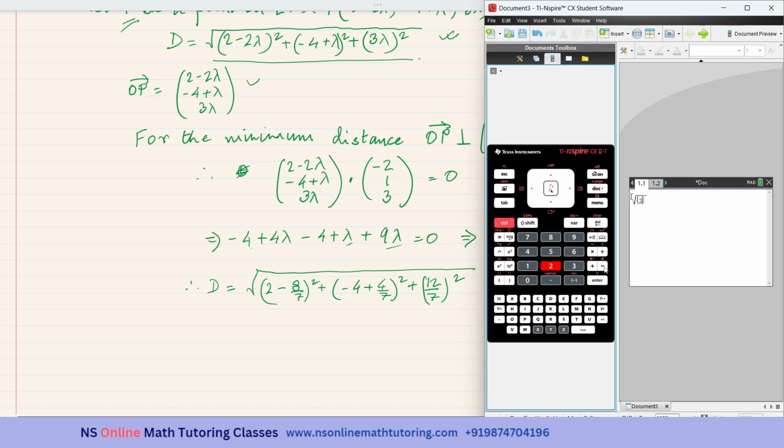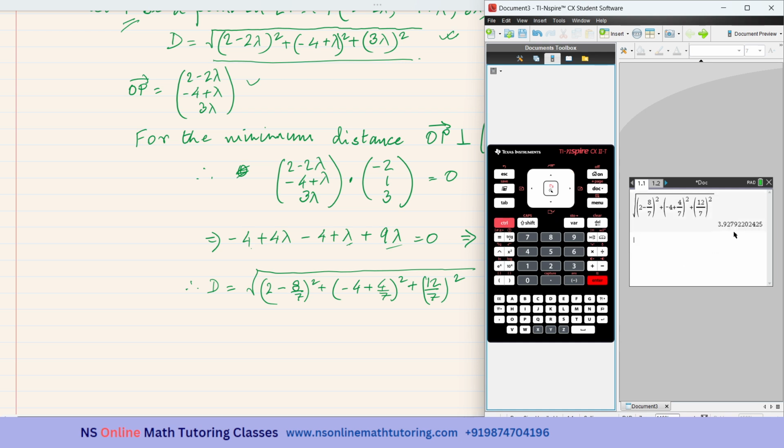It is 2 minus 8 over 7 square plus minus 4 plus 4 over 7 whole square plus the division and 12 over 7 whole square.